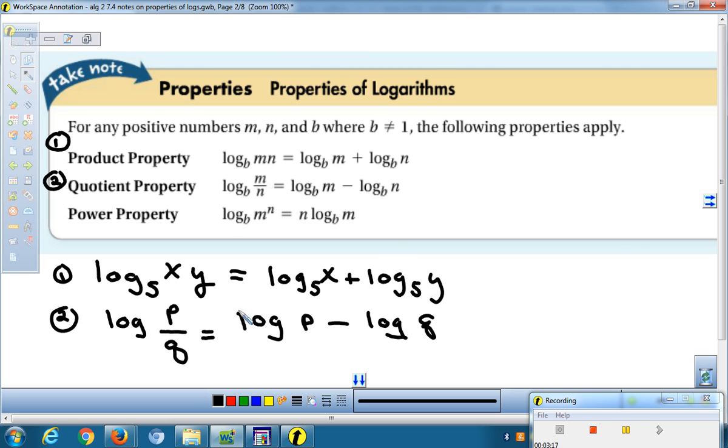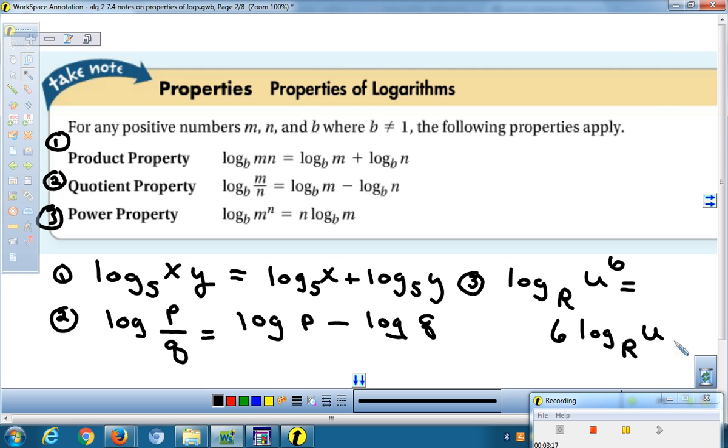And then finally, number 3, let's say we had log base r of u to the 6, which equals 6 log base r of u, not times, but of.